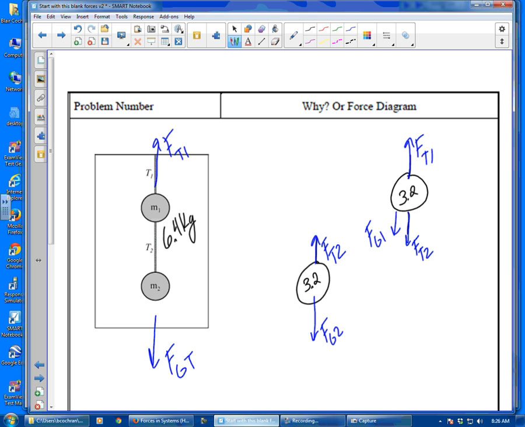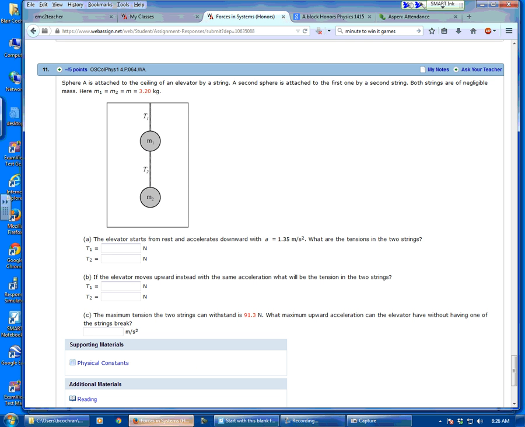Oh, this is like the one we did in the packet, right? Except I had 3 rocks rather than 2. Oh, good. And also the one in the packet didn't have it accelerating. Here we're accelerating down. And then we have the acceleration up.